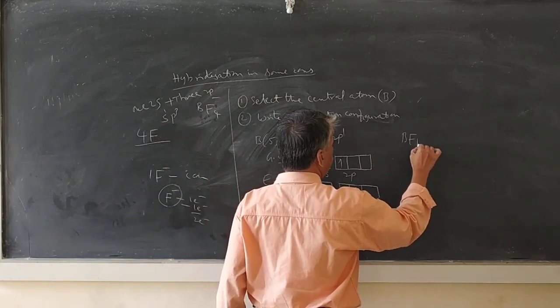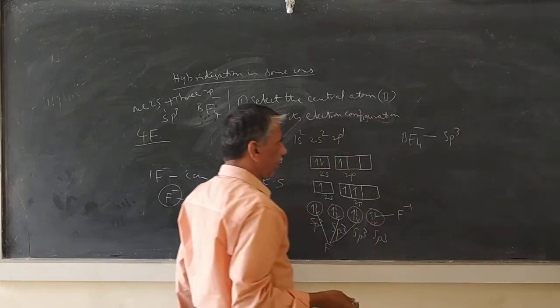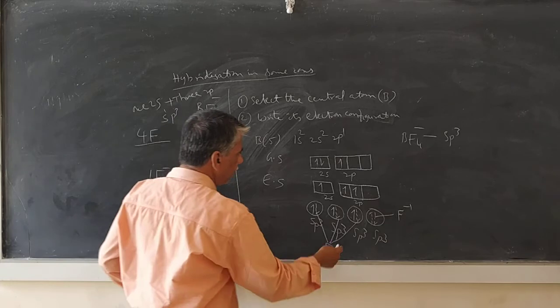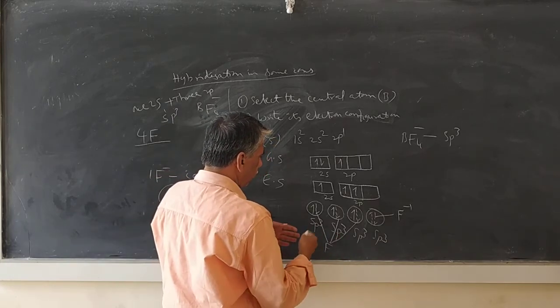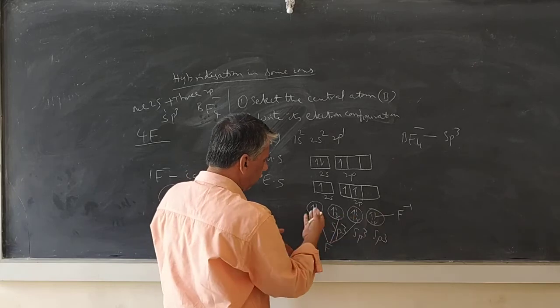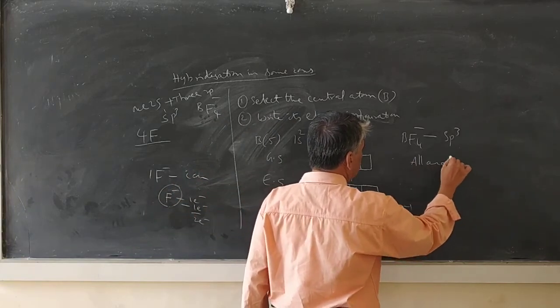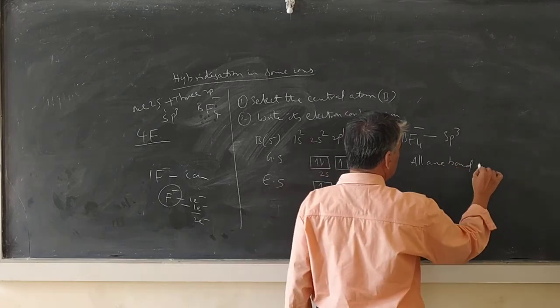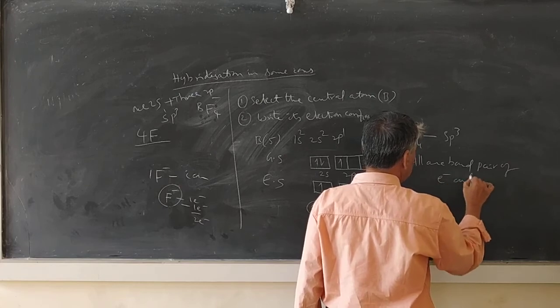So BF4 minus ion involves sp3 hybridization, and you just see here, all are one pair of electrons only.